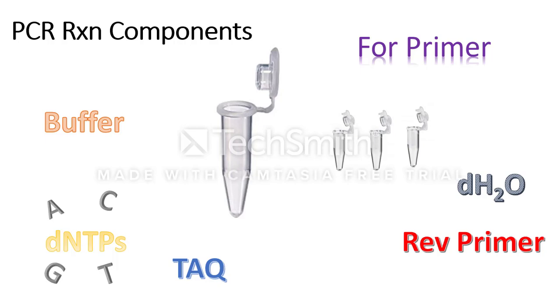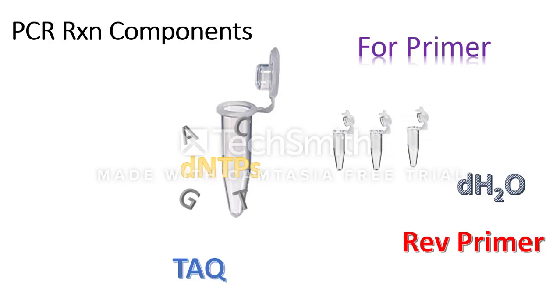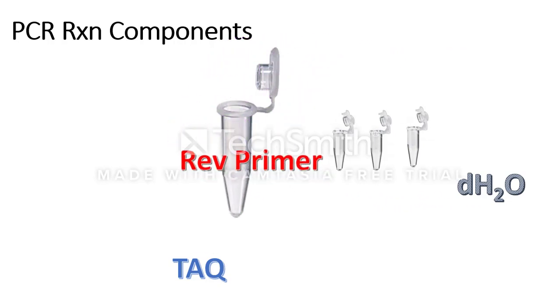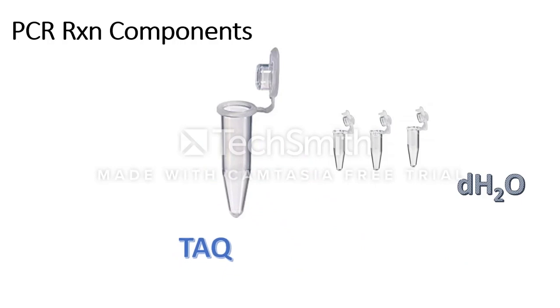To properly conduct PCR, a buffer, which contains proper salt concentration and pH for the reaction to take place, dNTPs, which are extra bases to be incorporated to the new copies of DNA, primers, which are short sequences of DNA that are complementary to the gene of interest, a Taq polymerase, which is a polymerase enzyme that works well at high temperatures to transcribe new copies of DNA, and water to bring the reaction to the correct volume, are combined in a reaction vessel.